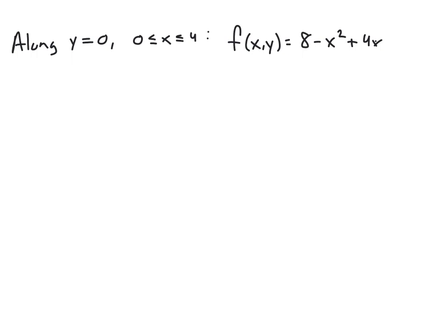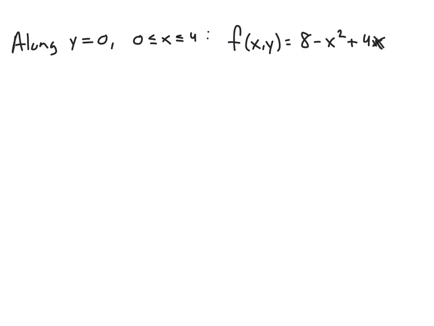So if we go along the bottom of the triangle, that's on the x-axis. So we're going along y equals 0 and from 0 to 4 with x. Along that, we have our function f of x, y, which is going to equal 8 minus x squared plus 4x.